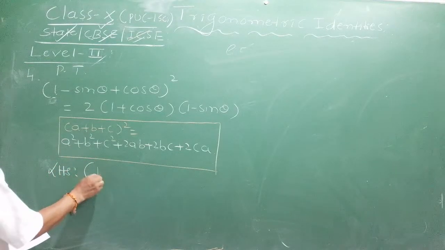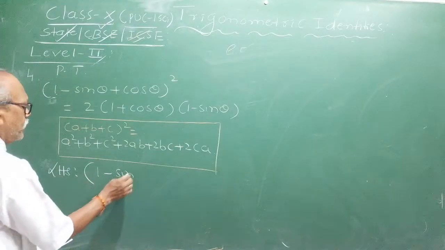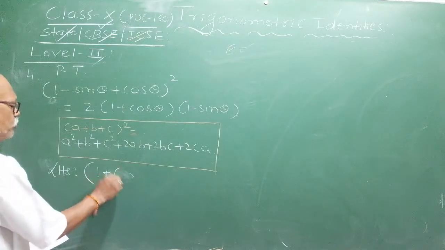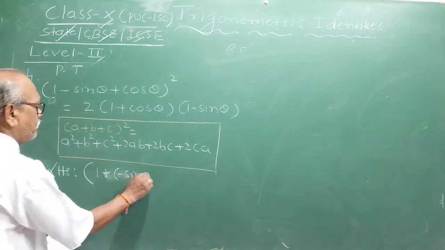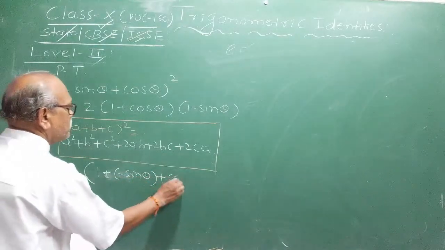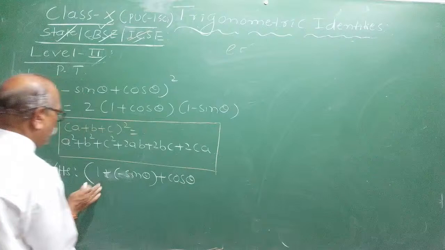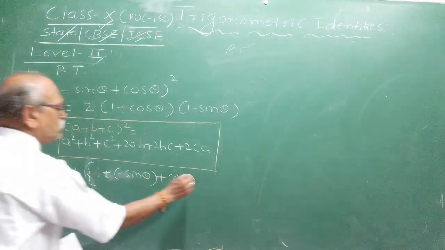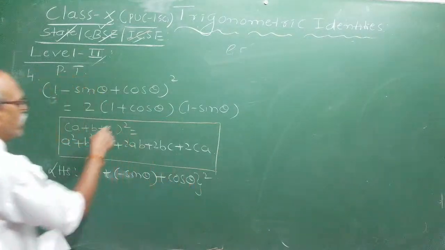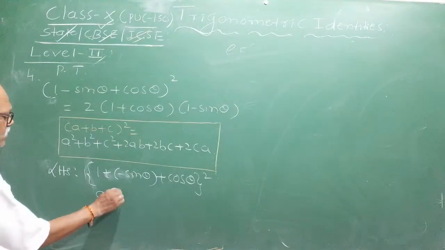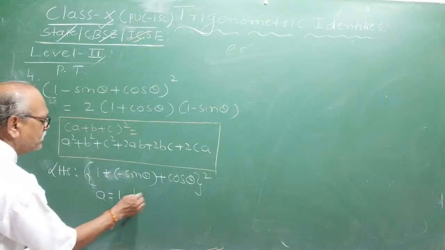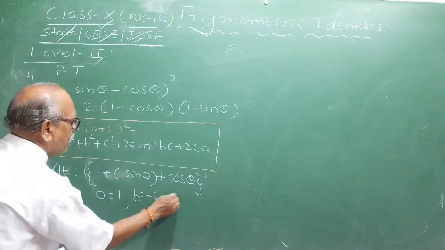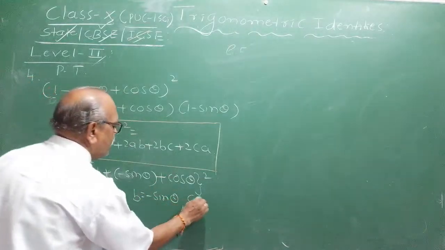Start now. 1 minus sine theta, or you can write 1 plus, in bracket, minus sine theta plus cos theta, the whole square. Here you can compare it. What is A in this case? 1. What is B in this case? Minus sine theta. What is C in this case? Cos theta.